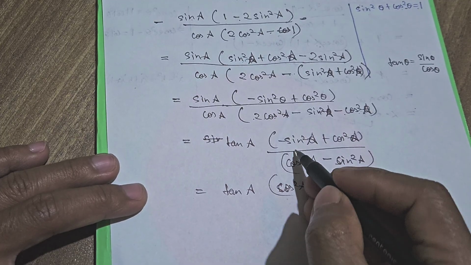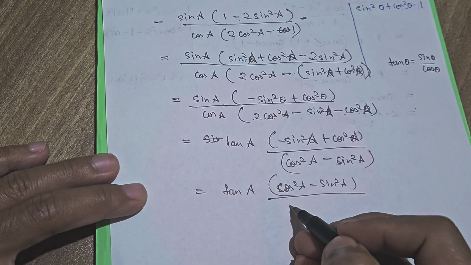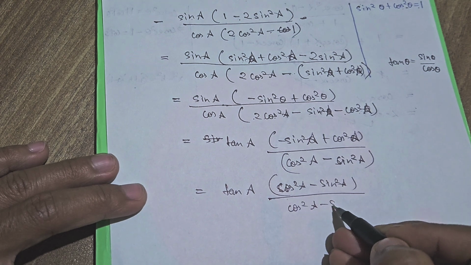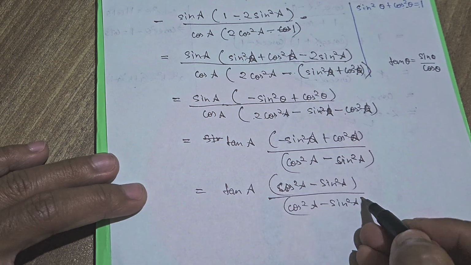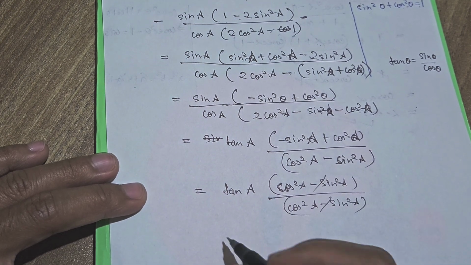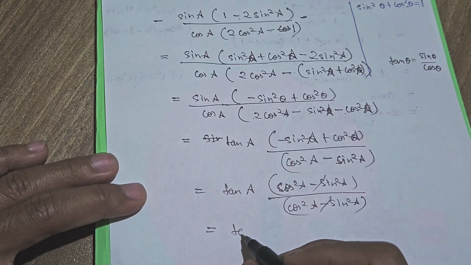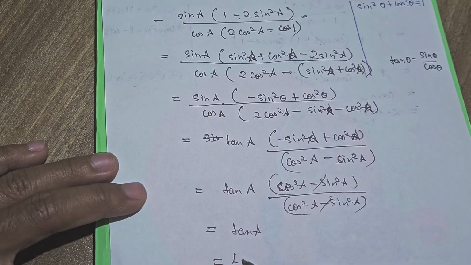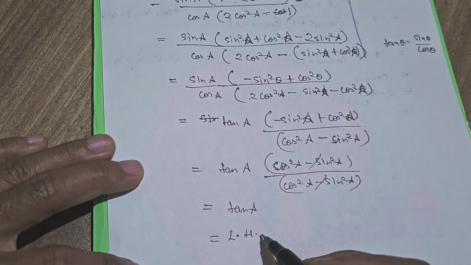If you rearrange the numerator, we can cancel numerator by denominator. So what is remaining? Tan A, which is equal to the left hand side.